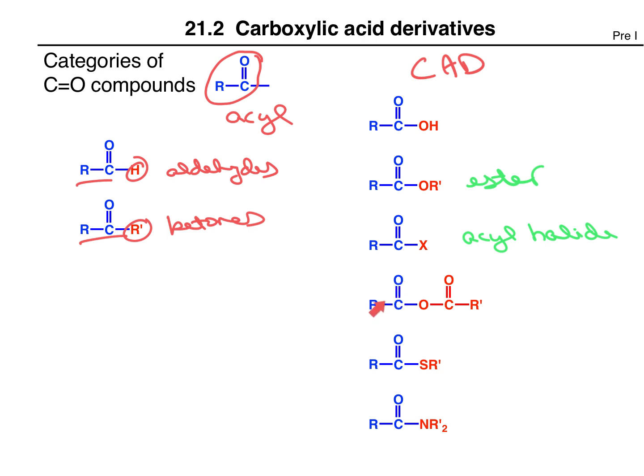If the acyl group is connected to an oxygen and then another acyl group, this is called an anhydride. If the acyl group is connected to sulfur and then to an alkyl group, this is called a thioester. So it's just the sulfur version of an ester. And finally, if our acyl group is connected to a nitrogen, that nitrogen could be connected to hydrogens or to carbons. This is an amide.